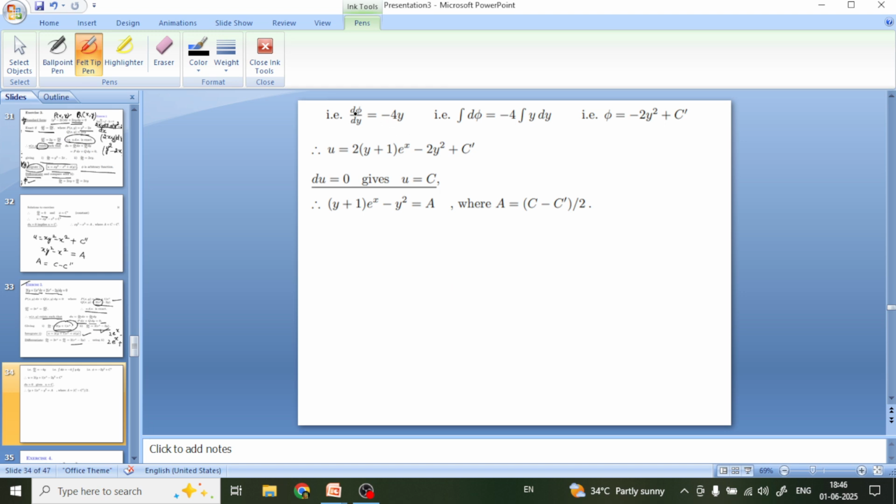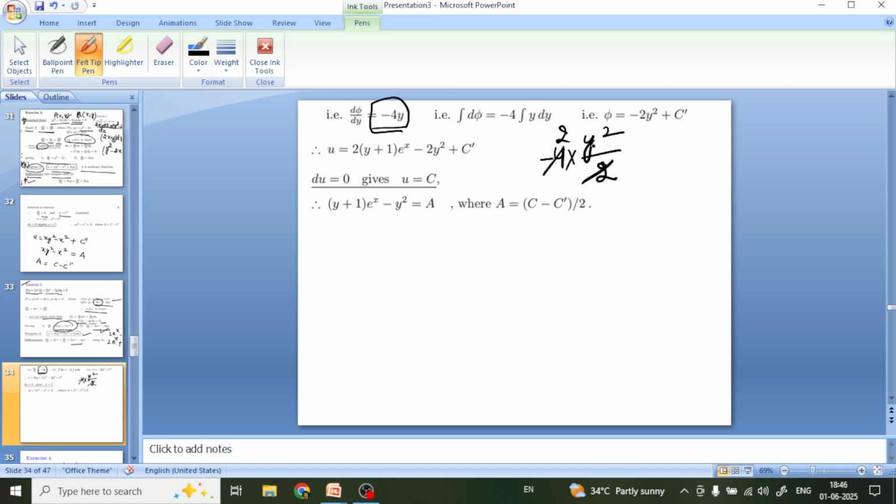After that, d phi over dy is equal to minus 4y, and when we integrate, that is minus 4 times the integration of y, so phi is equal to minus 2y square plus c dash, because the integration of y is y square over 2, times minus 4.